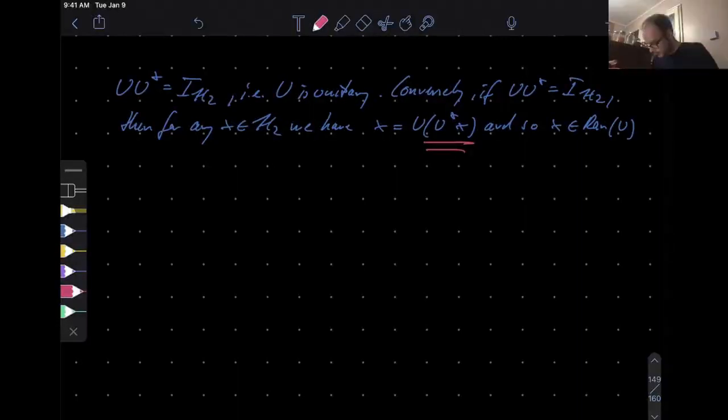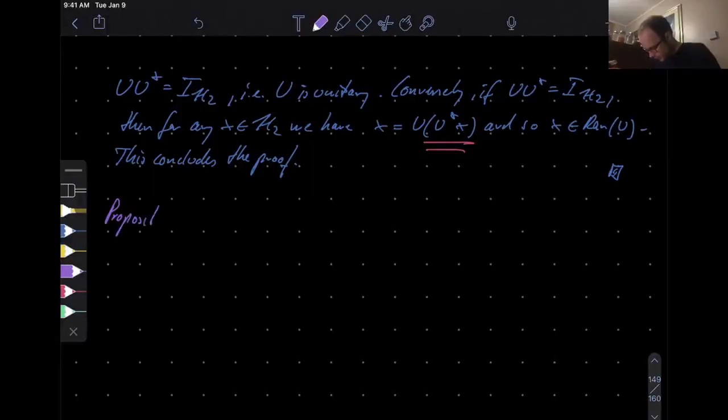Okay, this concludes the proof. Very nice. This is a little helper. We had one helper before for self-adjoint operators, and now we have this one here for the unitary linear transformations. Next one that will now quickly get us to the projections, which are very useful.